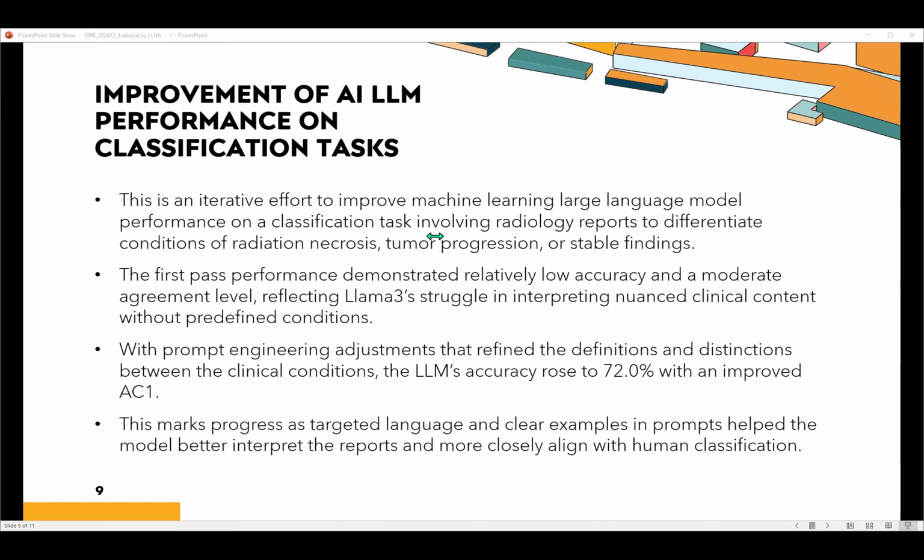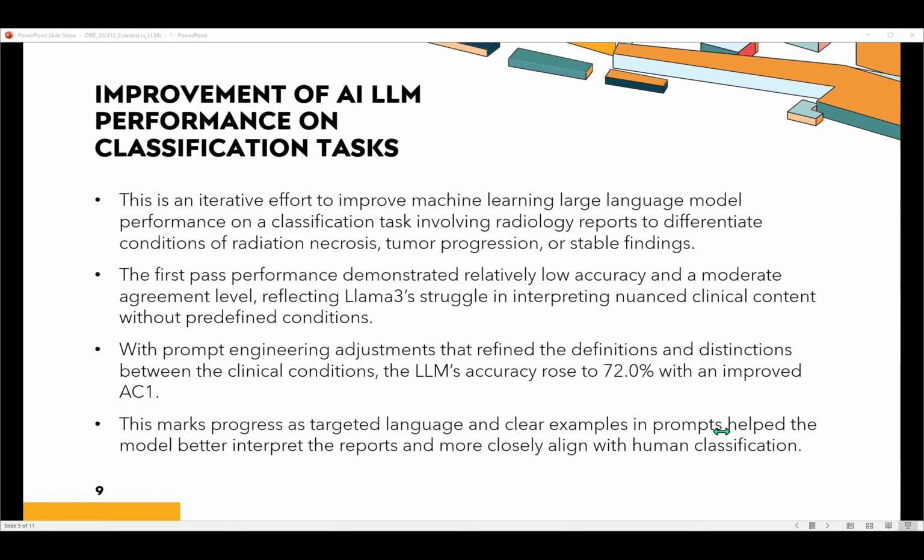So we were able to see, with an iterative effort, improving large language model performance on this classification task. And while the first pass performance demonstrated relatively low accuracy, with prompt engineering adjustments we were able to refine the definitions and distinctions between the clinical conditions and increase accuracy to 72% with an improved AC1.